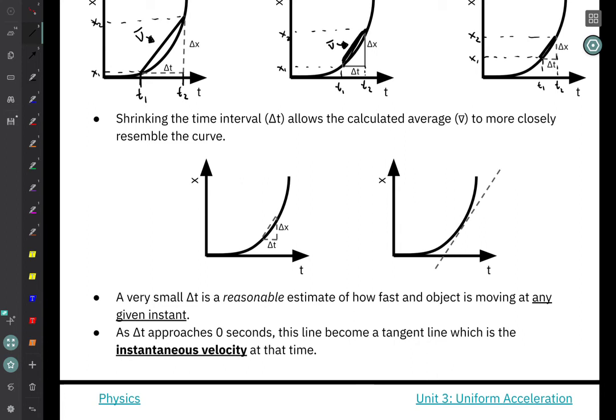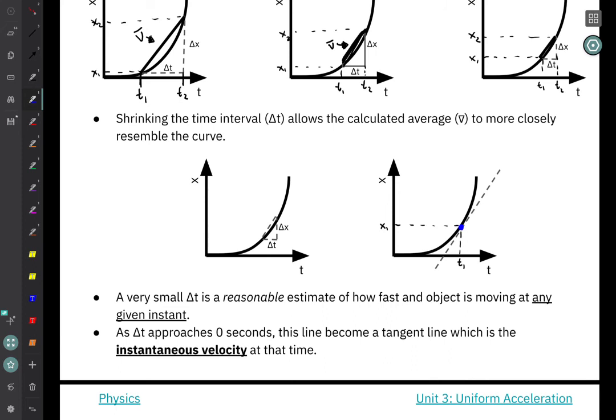As that change in time approaches 0 seconds, this line becomes a tangent line, which is the instantaneous velocity at that time. So while we definitely can't say for a fact, hey, I know exactly what that change in time is and what that position is right there, one thing that we can say is we do know there will be a point right here.